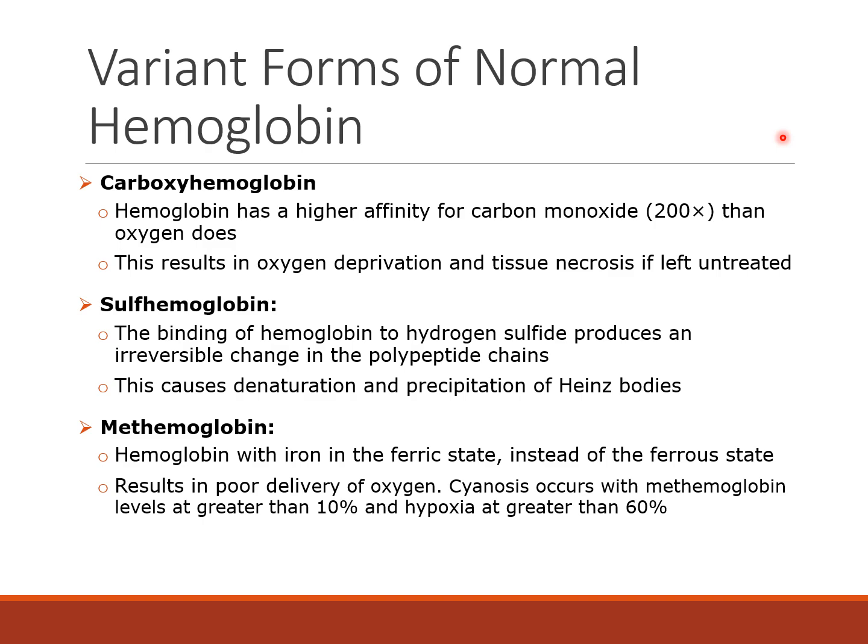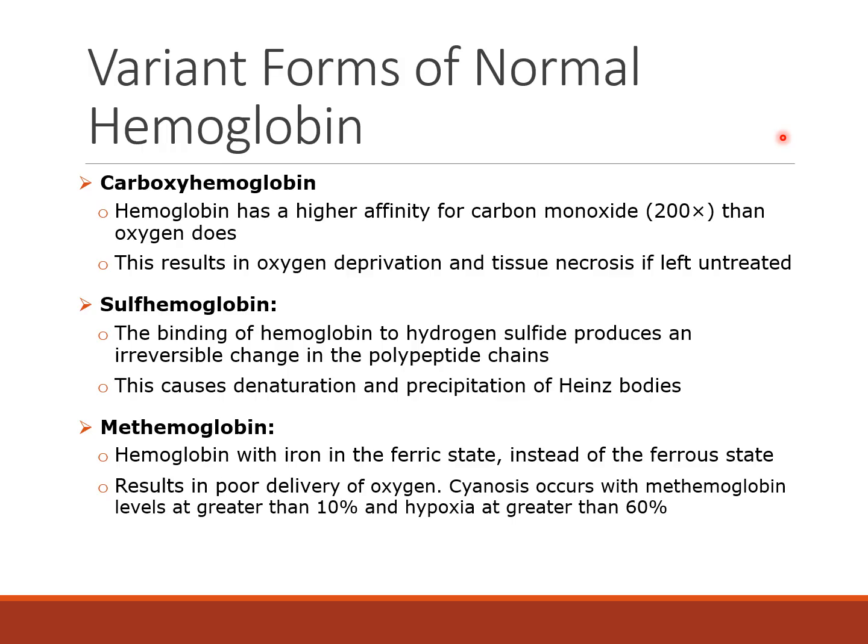If you ever hear someone being cyanotic, that is, they kind of turn a blue color due to lack of oxygen and hypoxia. So that cyanosis can occur with methemoglobin levels of greater than 10% and hypoxia at greater than 60%.